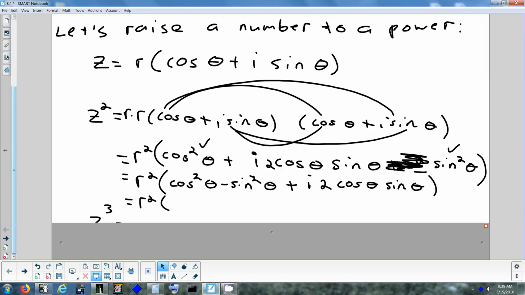Okay. If you don't remember, on page 415, it says cosine squared minus sine squared is cosine 2 theta. It's a double angle identity. Plus 2 sine cosine. Does anyone remember what that one is?